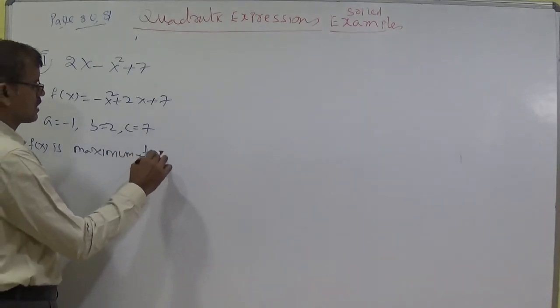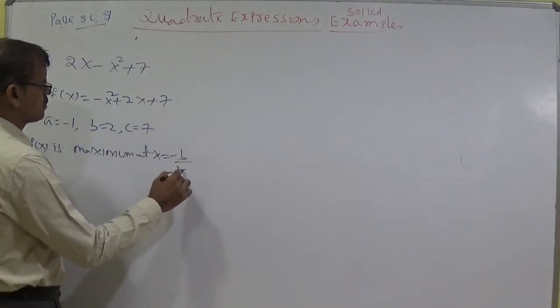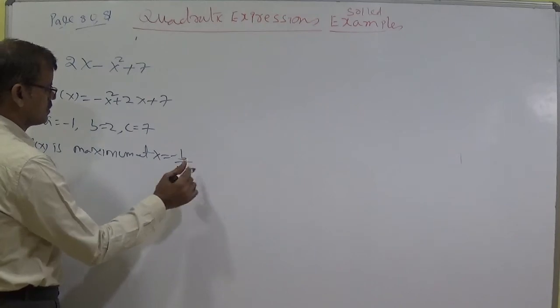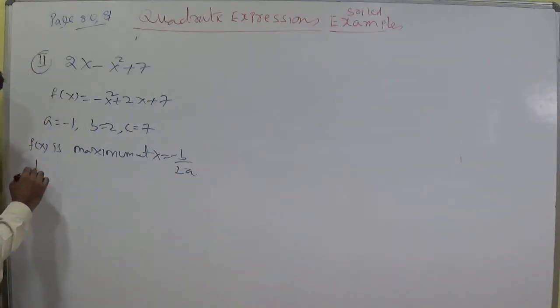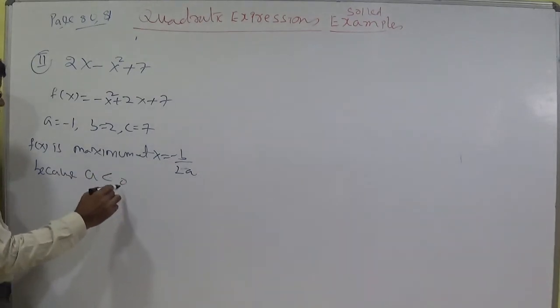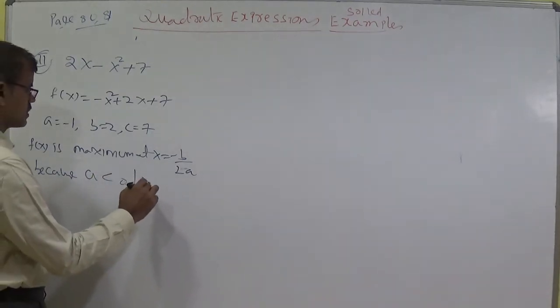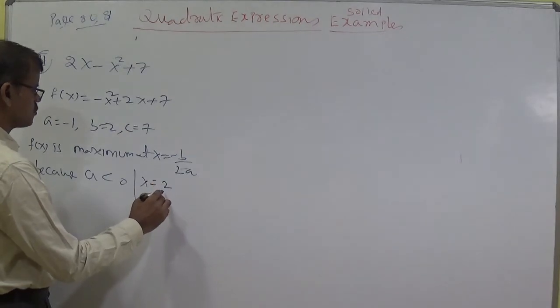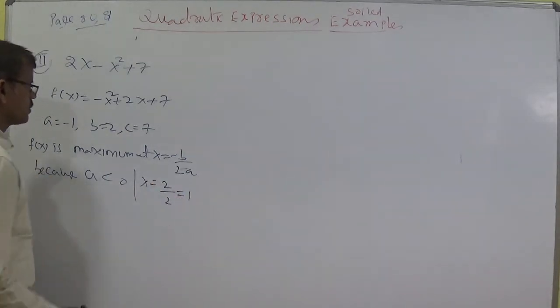f of x is maximum, and x is equal to minus b by 2a, because a less than 0. So x is equal to minus b by 2a, that is 2 by 2, simply 1.